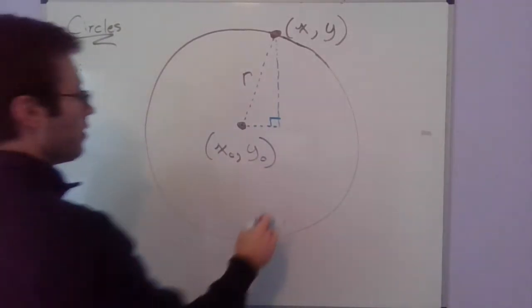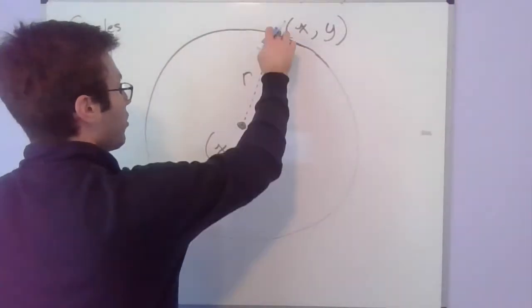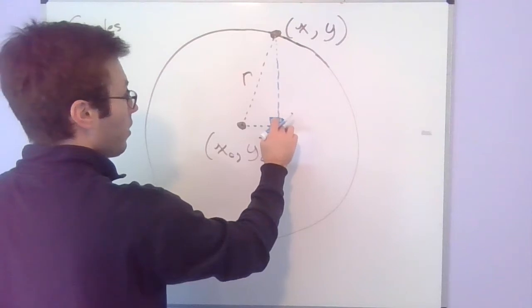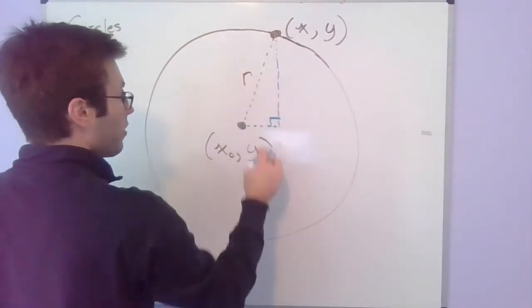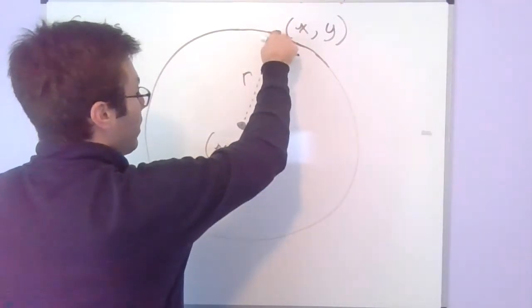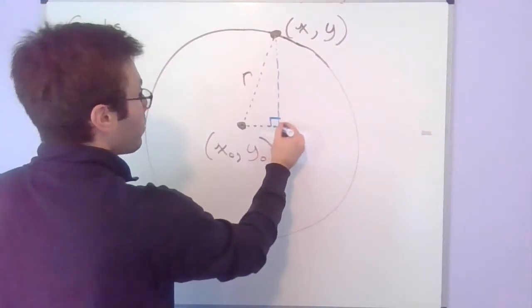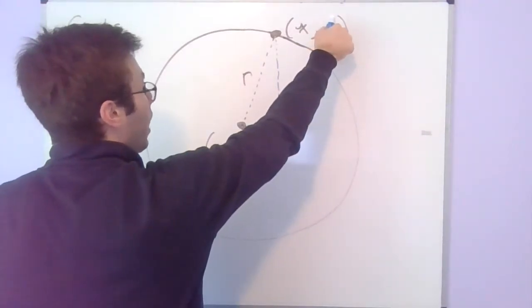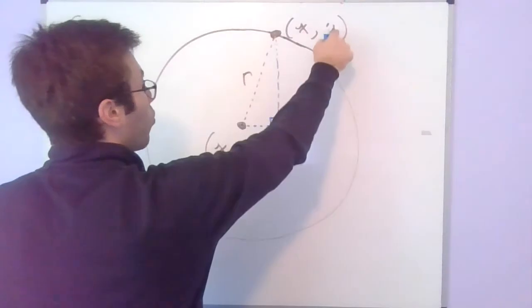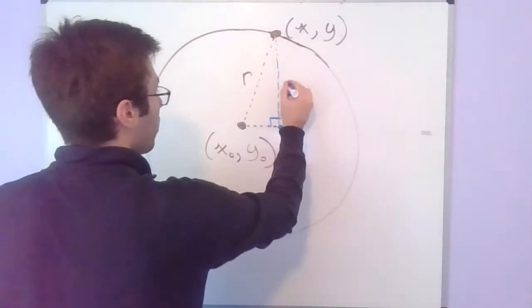Now, we're just going to use the Pythagorean theorem here to write an equation for this thing. The distance from here to here is, so we're going top minus bottom, so it's y minus y sub 0.